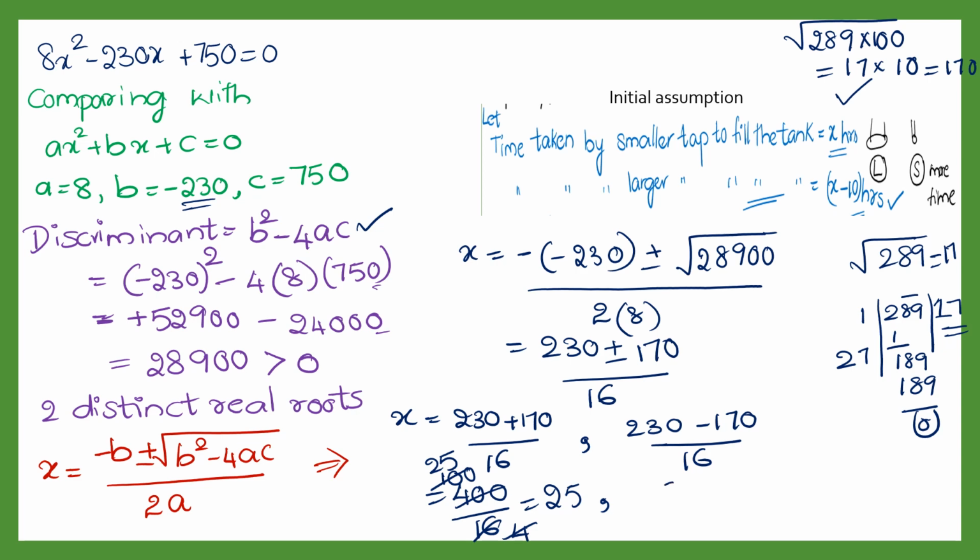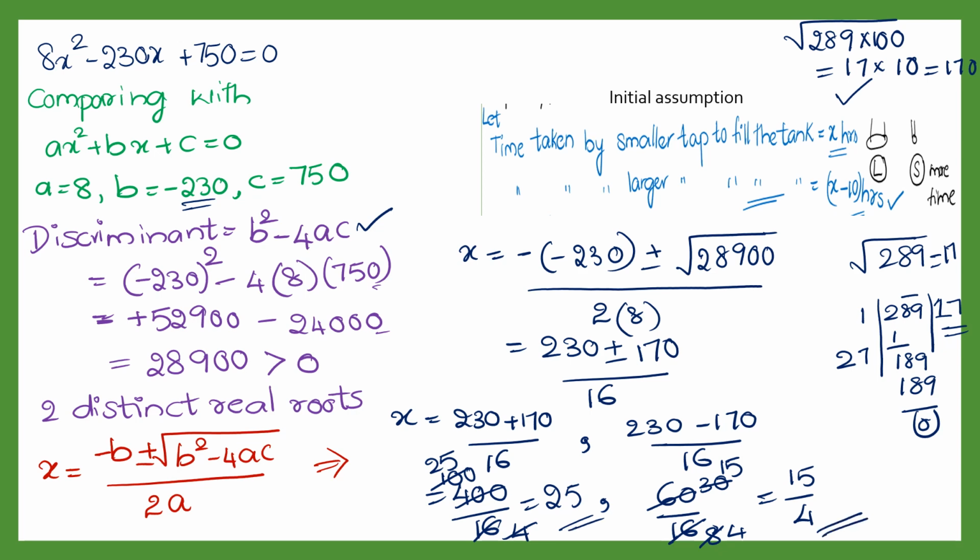So 60 by 16. How can you solve it? 2 8s are 16. 2 30s are 60. Again 2 4s are 8, 2 1s are 2, 2 5s are 10. So you get 15 by 4. So one value is 25. The other value is 15 by 4.